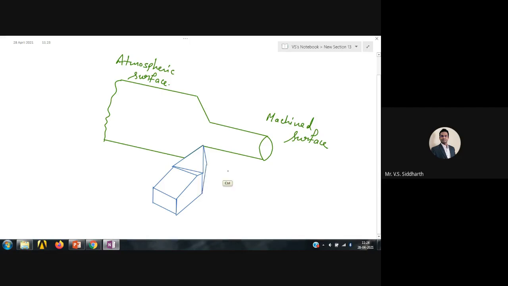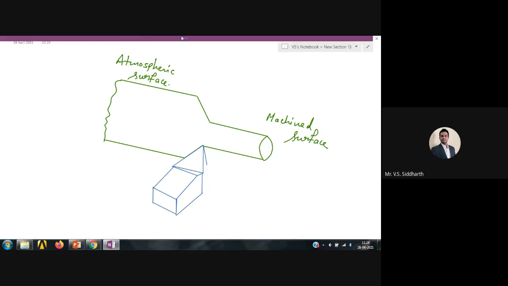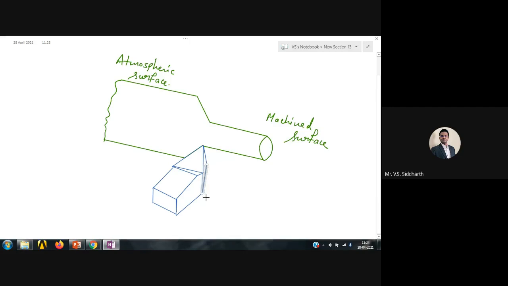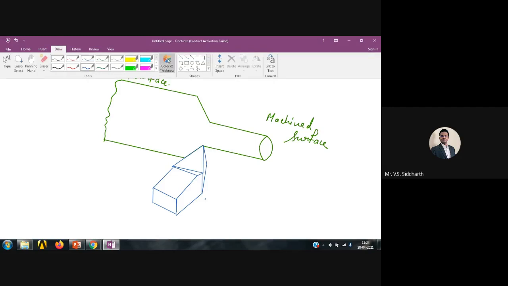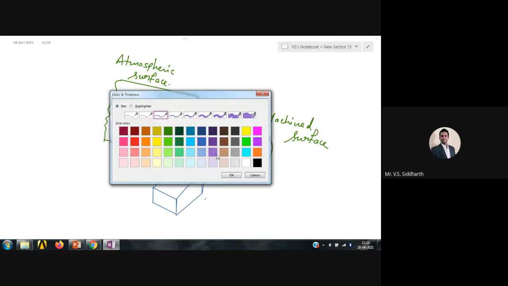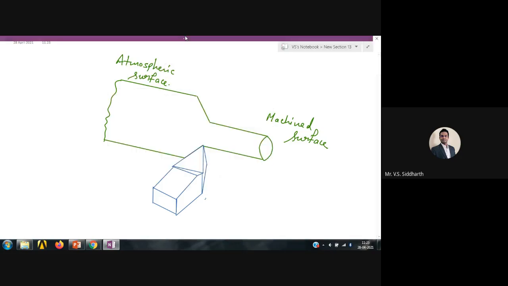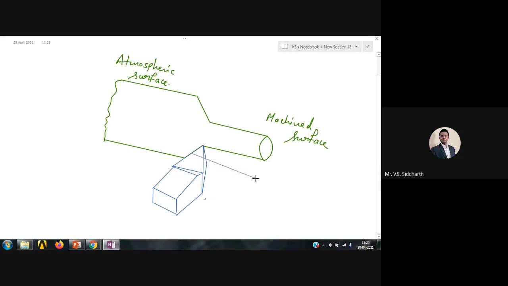Okay, now if you cut the tool with the orthogonal plane, it is something like this, right?